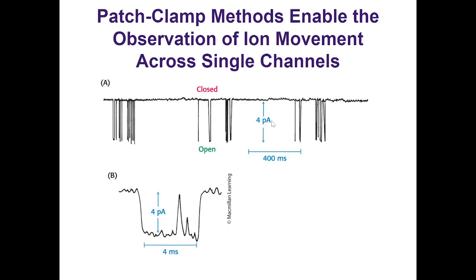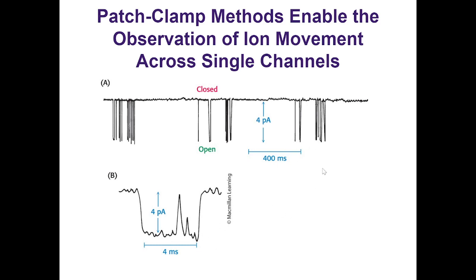Anybody know what an A is, capital A? Amps. Yeah, typically amps, though it can sometimes be activity, so do be careful. Okay. So this right here is, again, a 4 pA. Again, that's a logarithmic scale, so 4 is actually pretty big, right? This is not amps, by the way. This would be your activities.